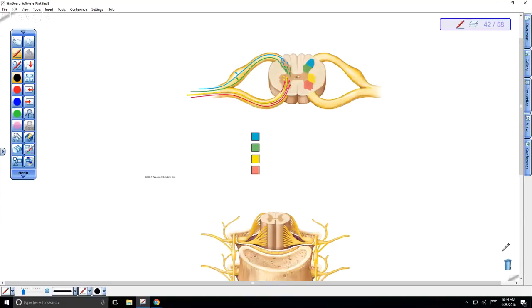Okay. So remember that this is dorsal or posterior, that's to the back. And this is ventral or anterior, which means to the front.